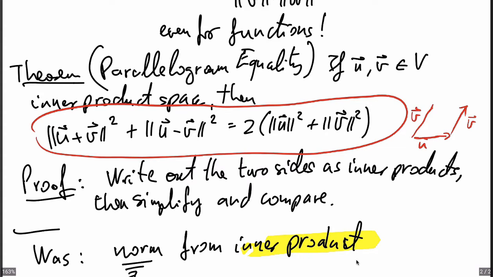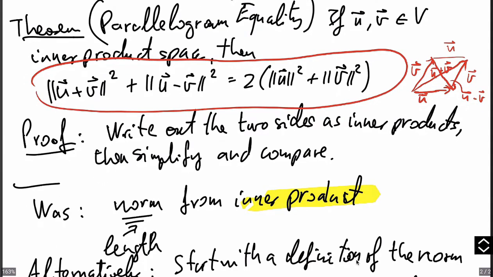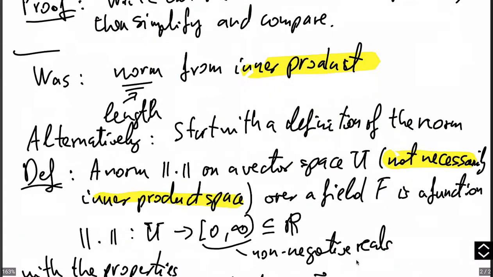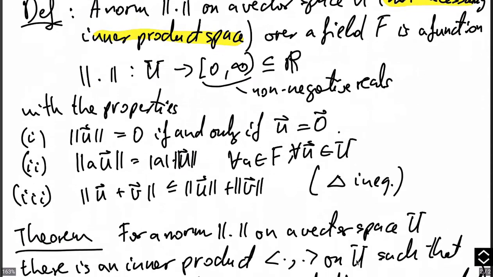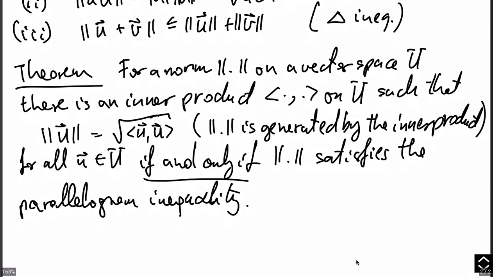So v is parallel to itself shifted, and u is parallel to itself shifted, and then one diagonal is u plus v, and the other diagonal is u minus v, according to the definition of vector addition and subtraction using geometry. The proof of this very interesting theorem says that not all norms are necessarily generated by an inner product.